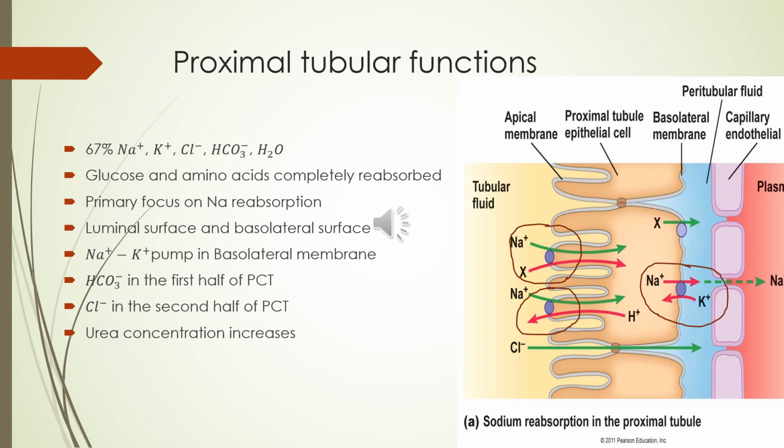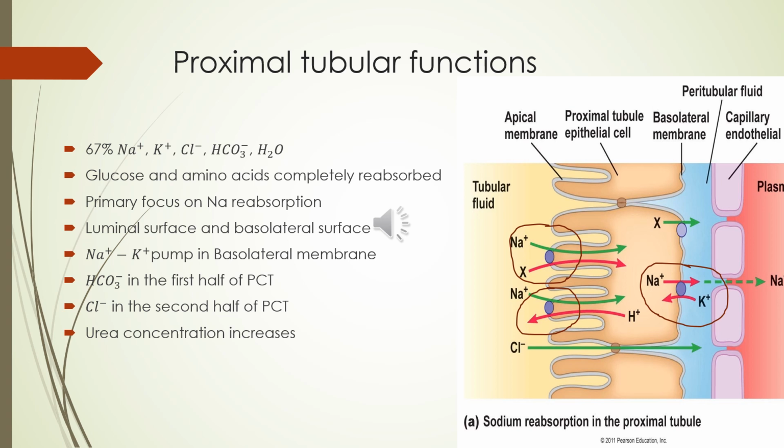So the thing to be noted here is that the reabsorption of almost all the solutes and water from this segment occurs because of the sodium potassium pump. All these reabsorptions are linked to the functioning of the sodium potassium pump. Okay, so any malfunctioning of this pump will ultimately result in renal dysfunction.